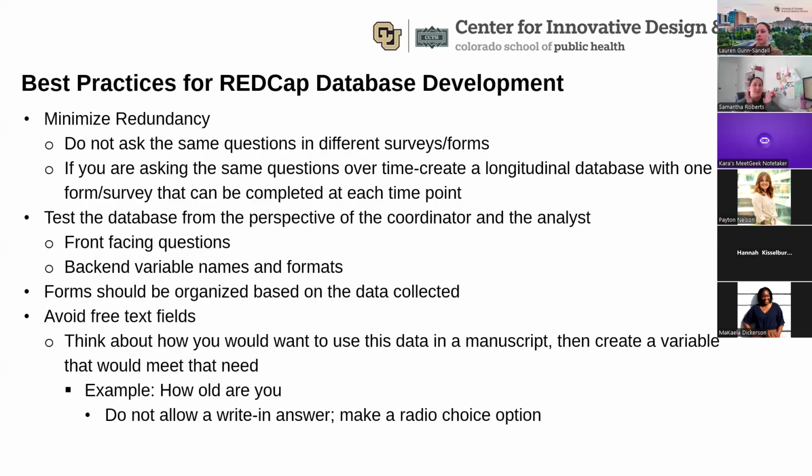A big one that is huge for analysts is avoid free text fields as absolutely as often as you can. That is a really hard type of variable for analysts to record on the back end.